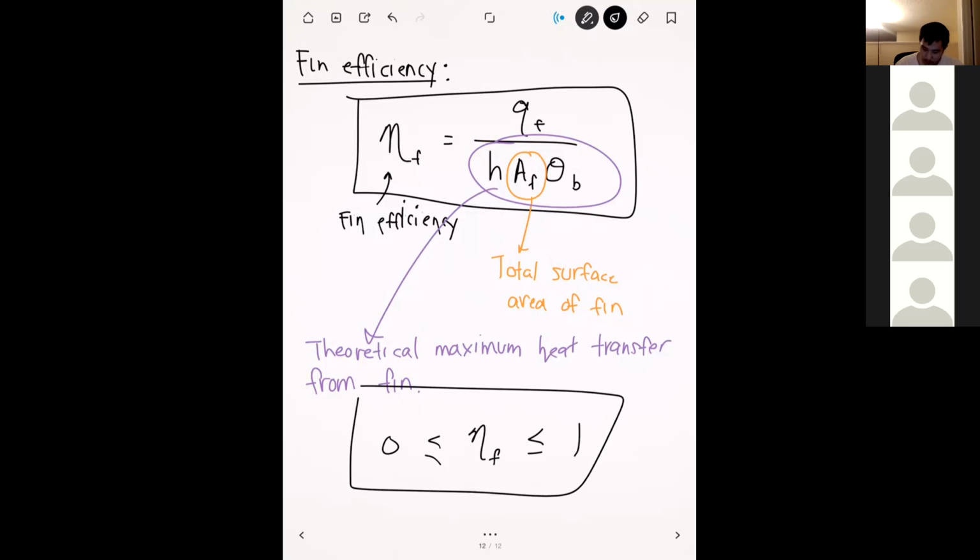Okay, so that's everything about fins. The next thing we're going to talk about is more general 2D conduction. Fins present a specialized case of 2D conduction, and that's the reason I talk about them together.